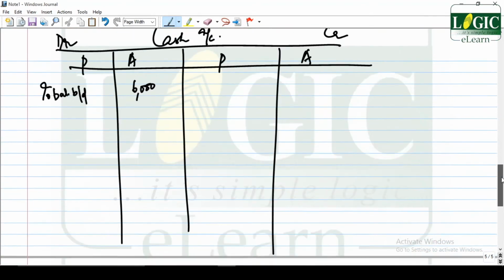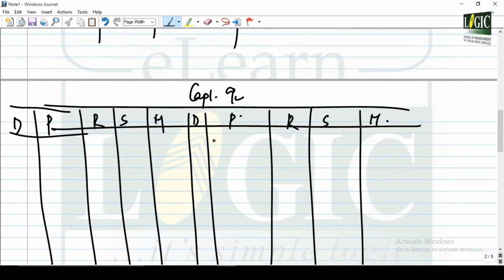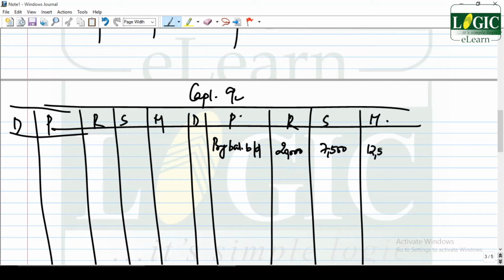Now capital account balances are given by balance brought down. So as usual we will be doing, your initial steps are very much similar to admission, 12,500. So whatever is given inside the balance sheet, we have posted it at the appropriate place.